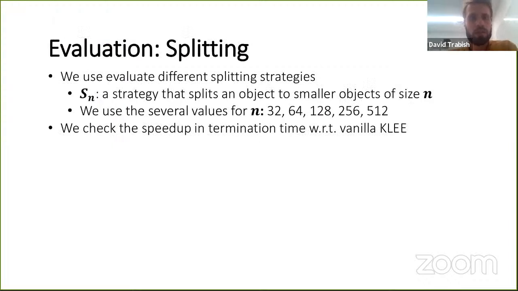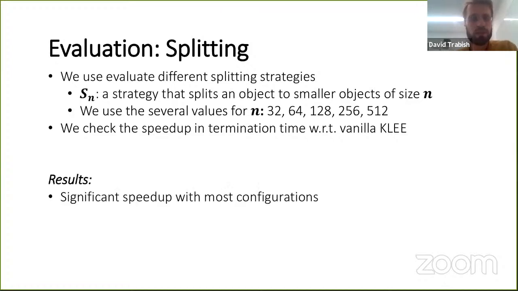Now we get to the evaluation of the splitting approach. We chose a simple strategy that just splits an object into smaller objects of size n, and we experimented with several values for n. For each such configuration, we check the speedup with respect to baseline KLEE, which uses the forking model.